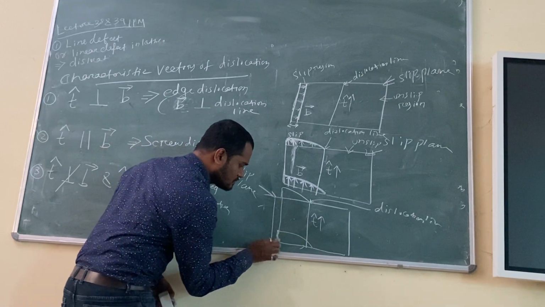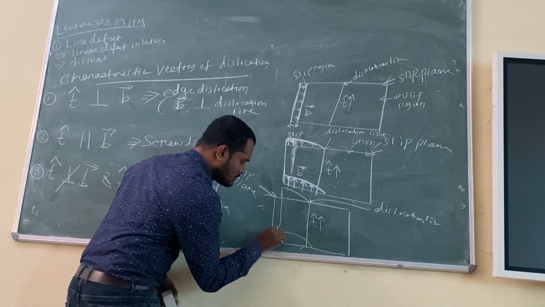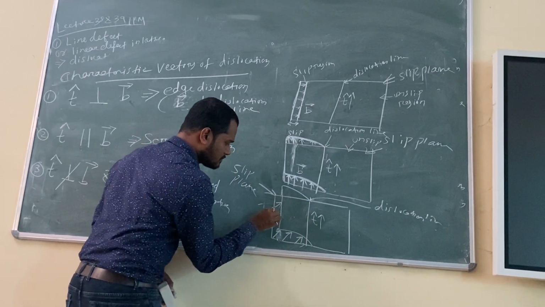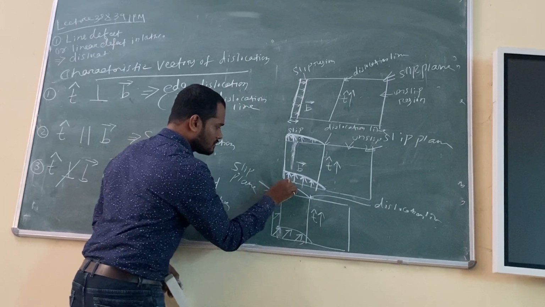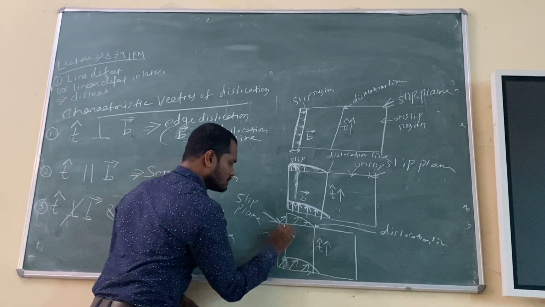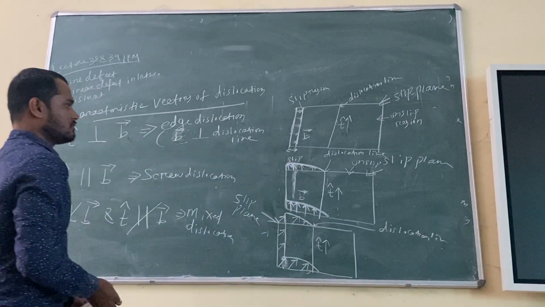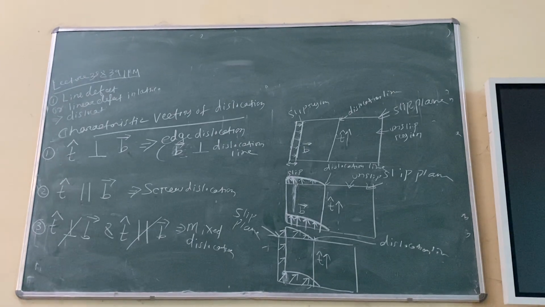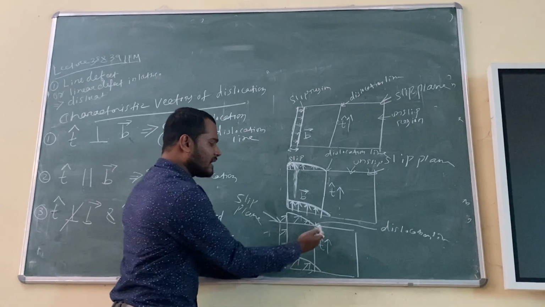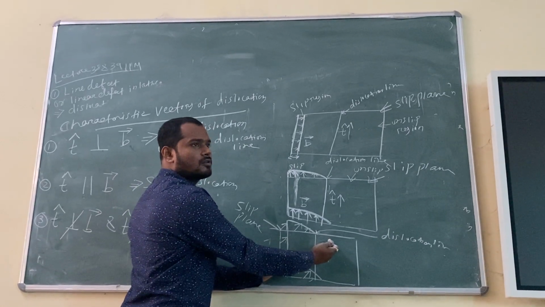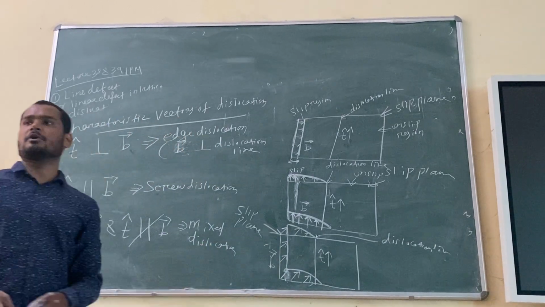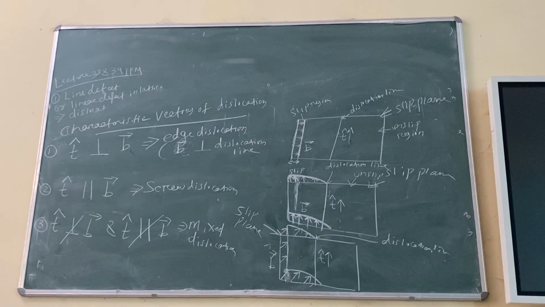So this is the Burgers vector direction. So this is neither parallel nor perpendicular, right? So this is your Burgers vector. It is neither parallel nor perpendicular. So this is mixed. Right?